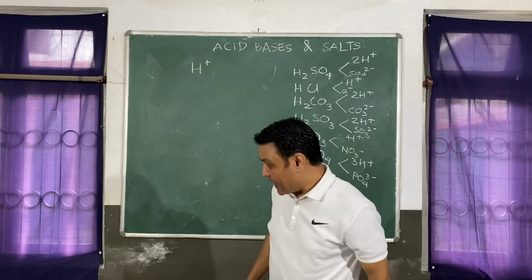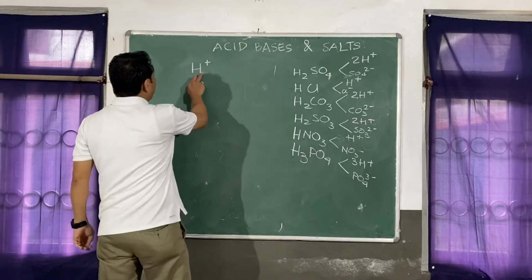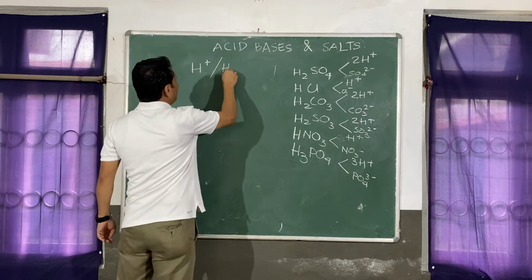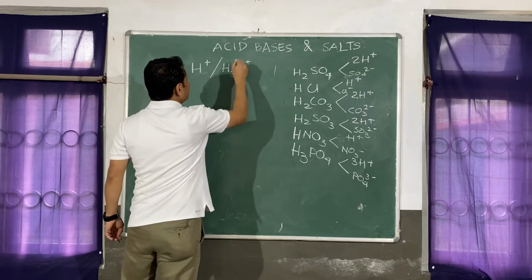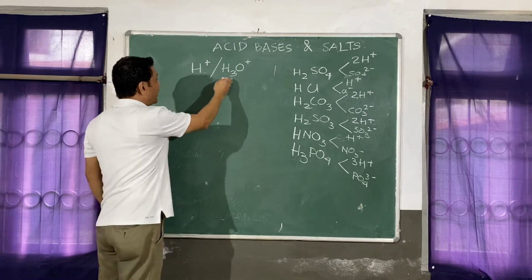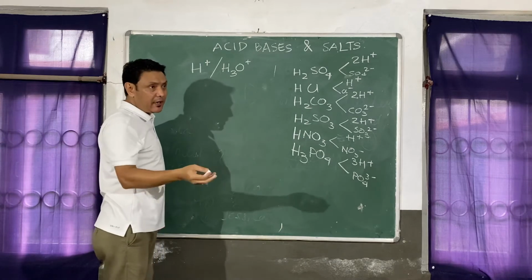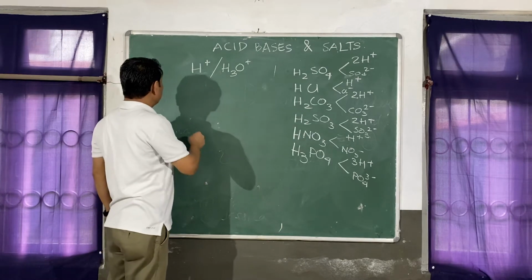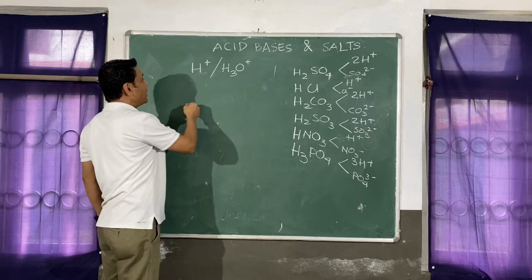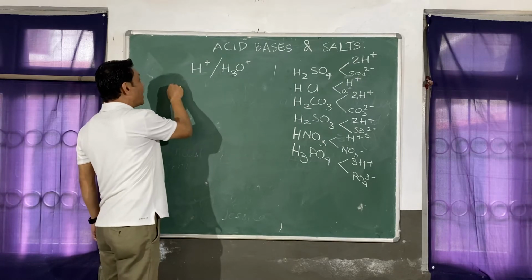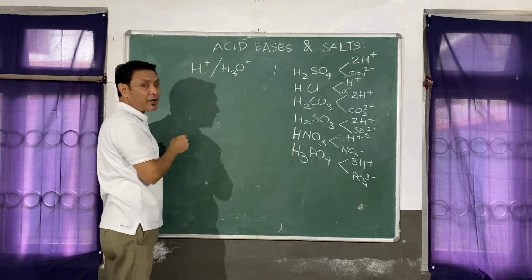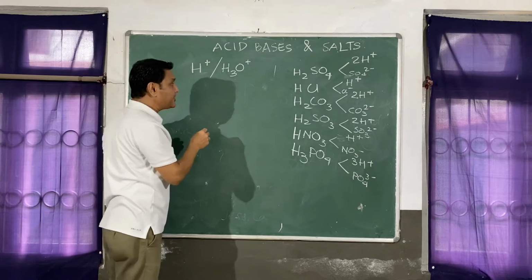Now, in the books it says hydrogen or hydronium ion, H3O+. We talk about this in the next chapter, chemical bonding, but I'll give you just a little bit of an idea how the H3O+ hydronium ion comes into existence.